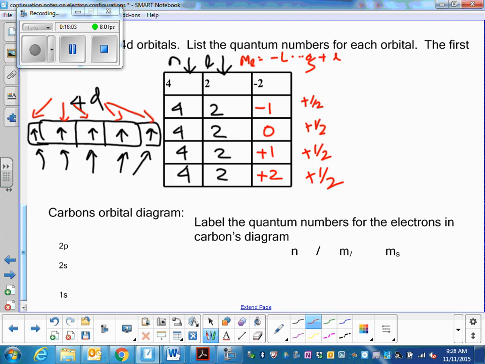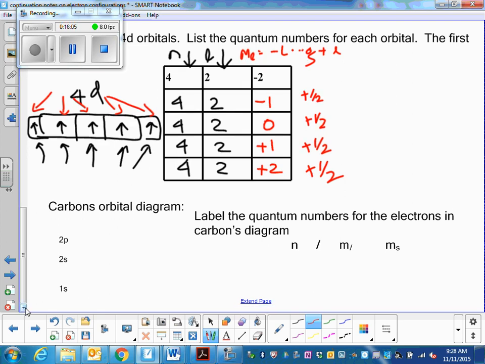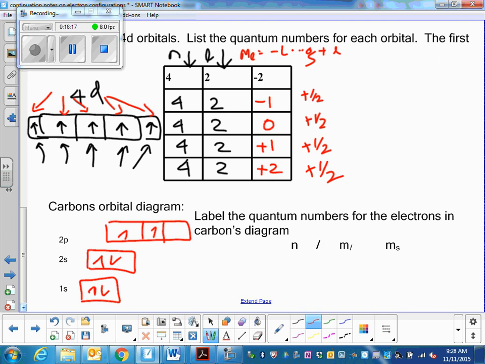So let's write out carbon's electron configuration. Carbon's electron configuration is 1s2, 2s2, 2p2. Do you agree? Let's write out the quantum numbers for this first electron.